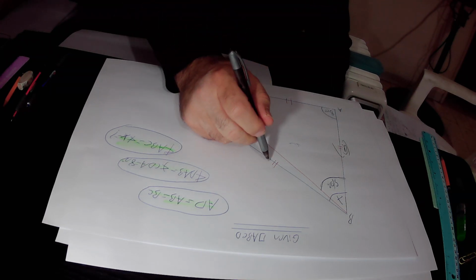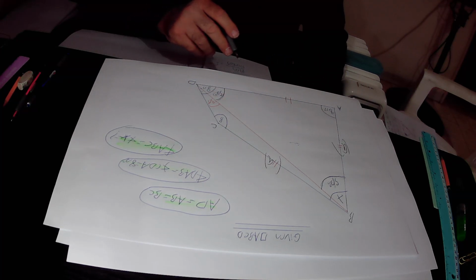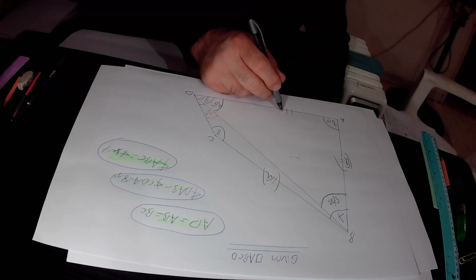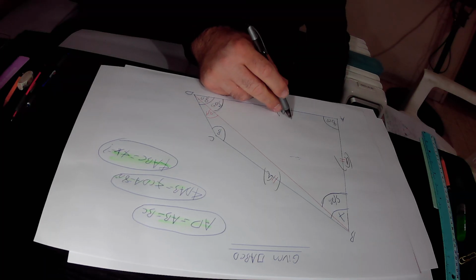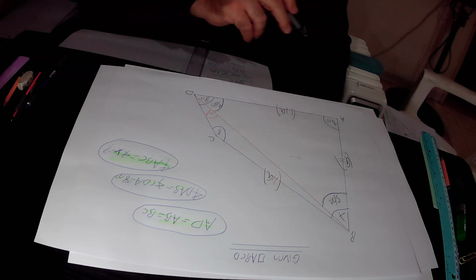So BC equals A units in its length, and AD also equals A units in its length. AD equals AB equals BC equals A.